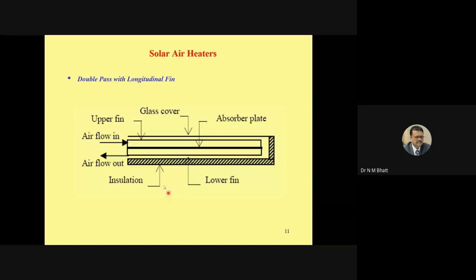Of course, here the longitudinal fin is provided, because the flat longitudinal fin normally does not create significant turbulence, so convection losses between the absorber and the glass cover are not increased significantly. Of course, you need to keep some gap. If this fin is touching the glass surface, then there would be conduction from absorber to glass cover through the fin. So there should always be some gap between the two surfaces.